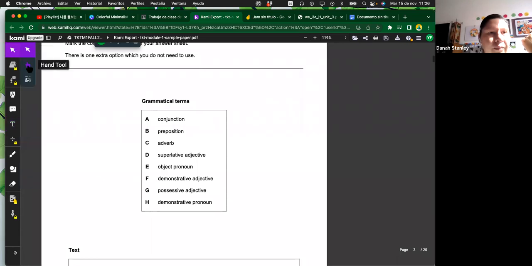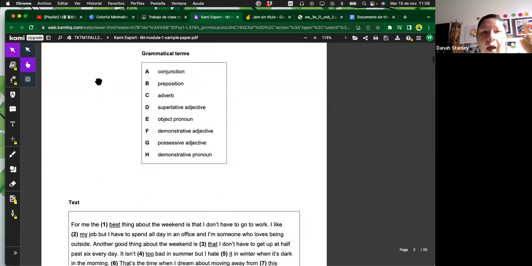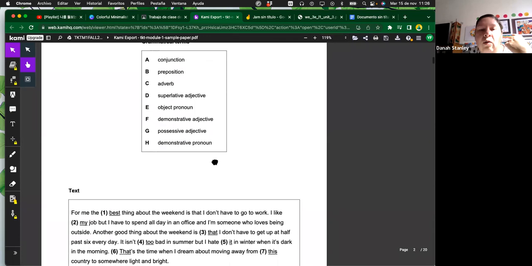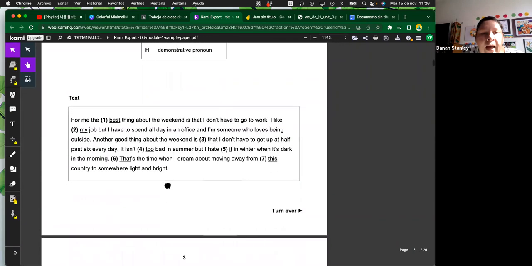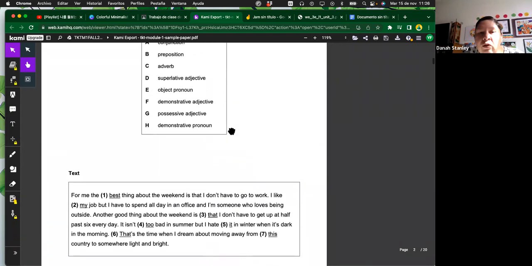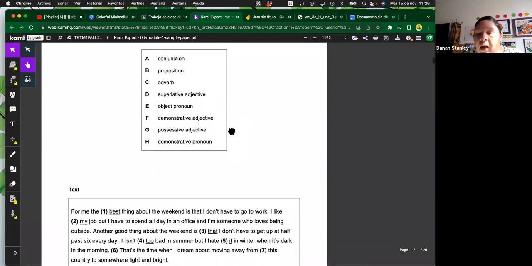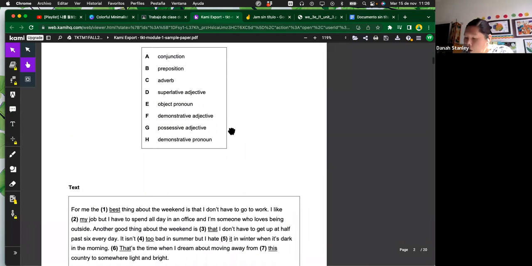It says, conjunction, preposition, adverb, superlative, adjective, object pronoun, demonstrative adjective, possessive adjective, and demonstrative pronoun, okay? And we have the text, and you need to match, okay? Aquí también tengo un papelito.